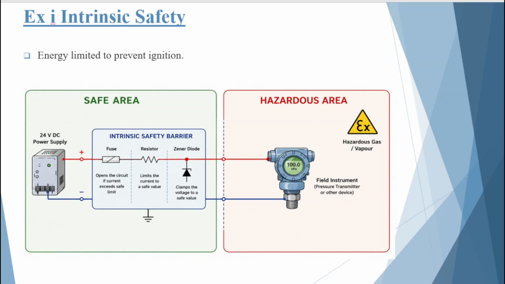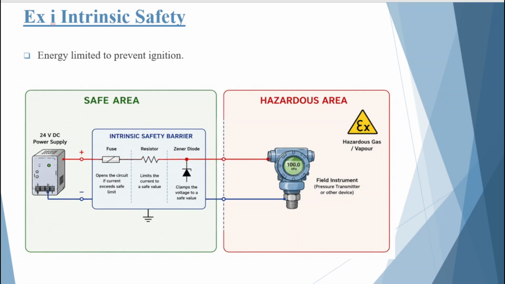Because of this high level of safety, XI protection is widely used for instrumentation and control systems. Typical examples include pressure transmitters, temperature transmitters, flow transmitters, level transmitters, proximity sensors, switches, and other field instruments.